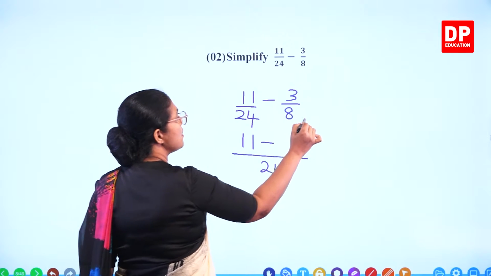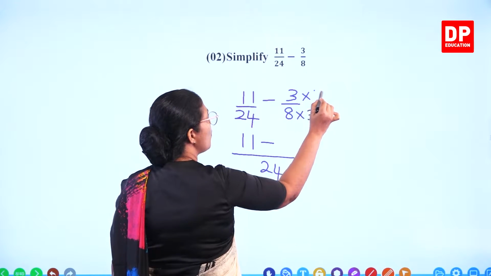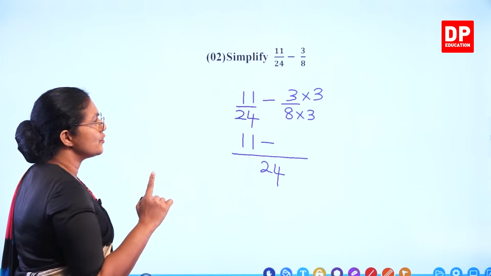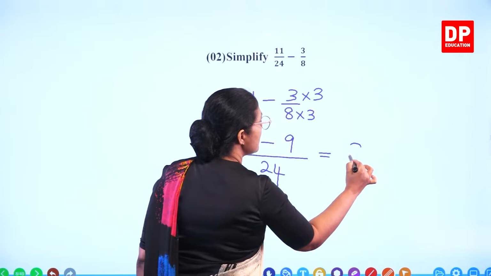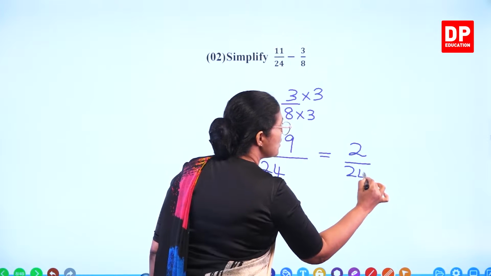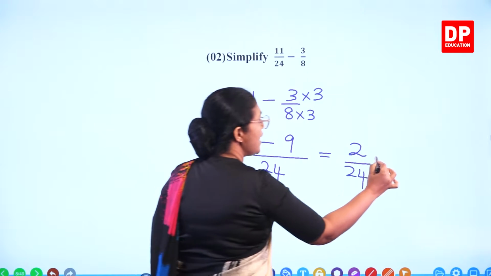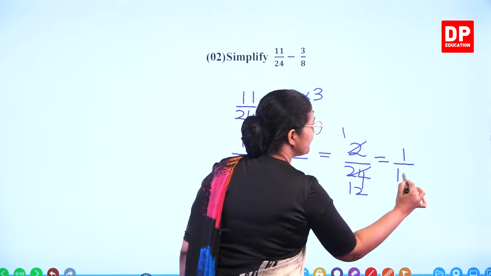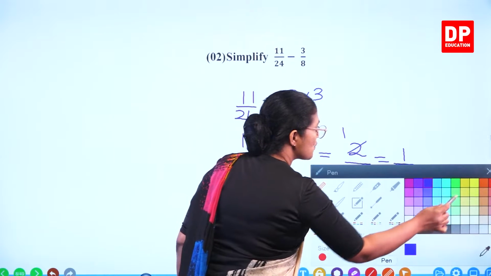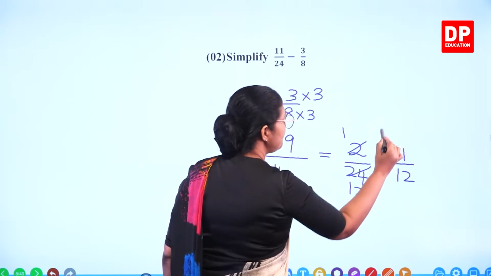This one you have to multiply by 3 to get 24 as the denominator. So 3 times 3, 9. 11 minus 9 is 2. 2 over 24. You can simplify and write 1 over 12. So you get 2 marks for that question as well.